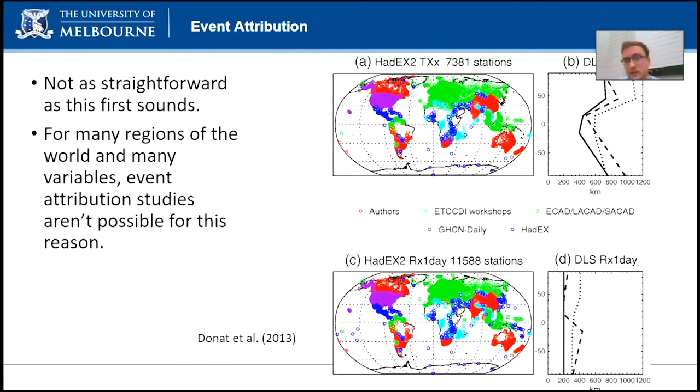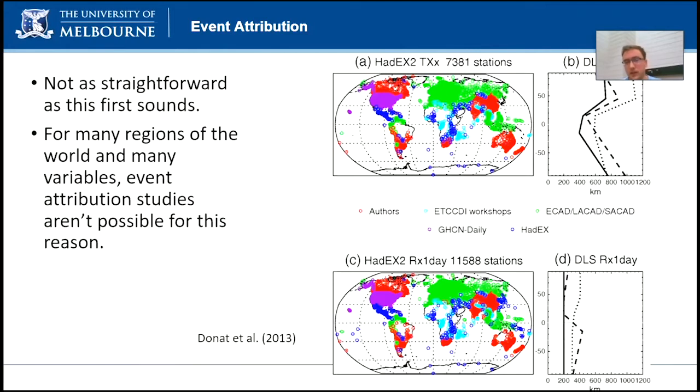So in these regions we can do attribution studies for these kinds of variables, but for many parts of the world, unfortunately the parts of the world where climate change enhanced extreme events are likely causing more devastation, such as sub-Saharan Africa and parts of South America, we just don't have the observations to have confidence, firstly, in the event being an extreme event, and then in having good observations that we can use to evaluate the climate models that we use for these studies.